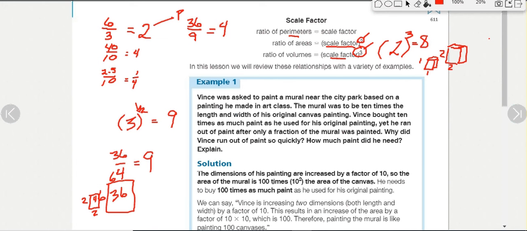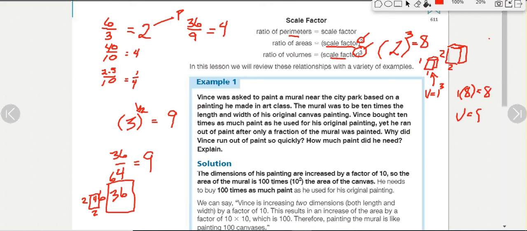So the volume of the original was just 1, because 1 times 1 times 1. I guess we could say 1 cubed. Now we take 1 times the new scale factor. I think I said to the 8th. I meant times 8. Sorry. So the new volume would be 8.